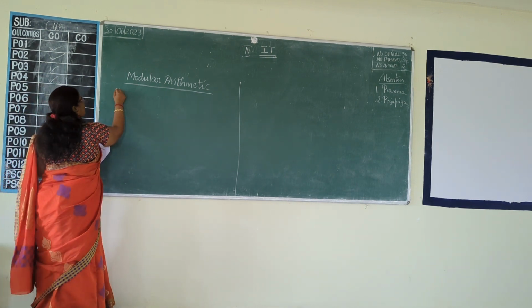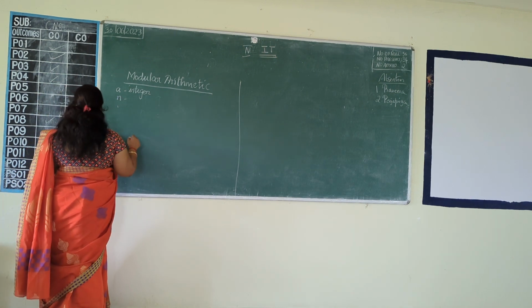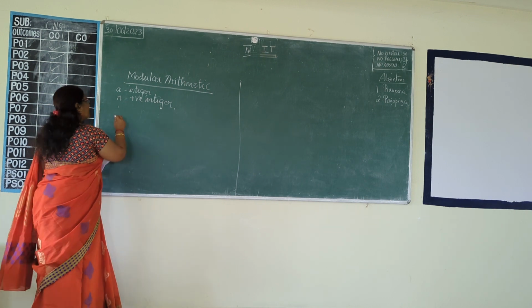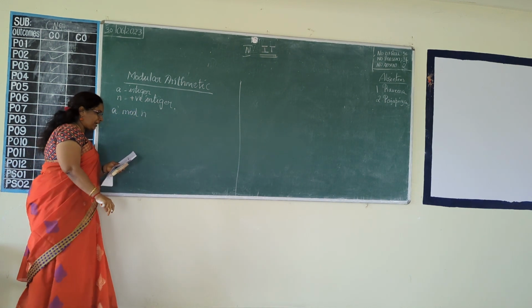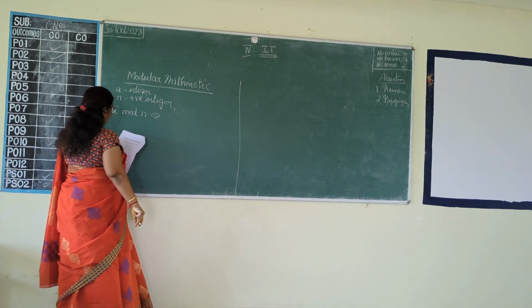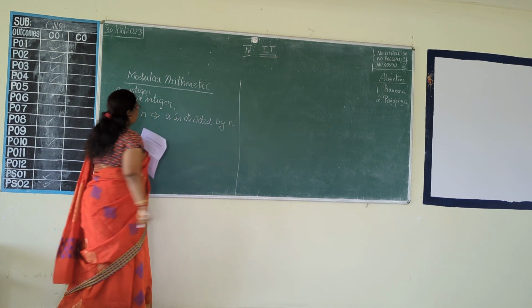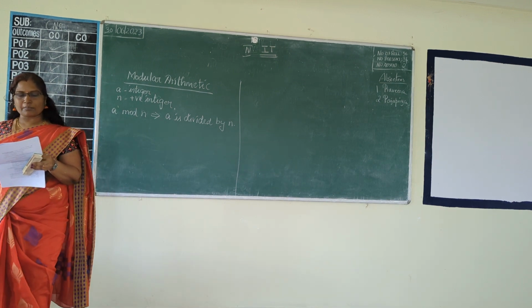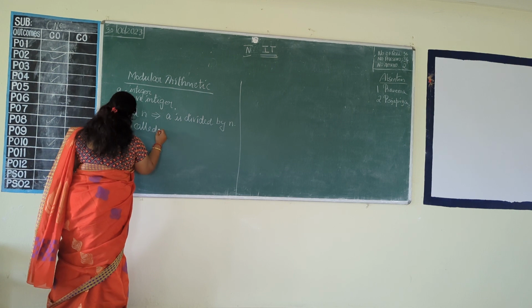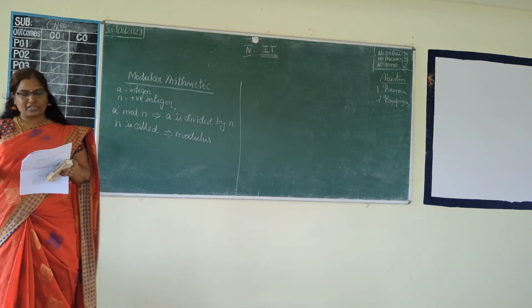If A is an integer and n is a positive integer, we define A mod n to be the remainder when A is divided by n. The integer n is called the modulus.